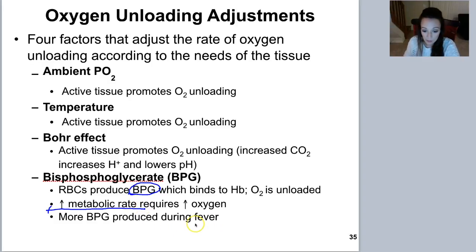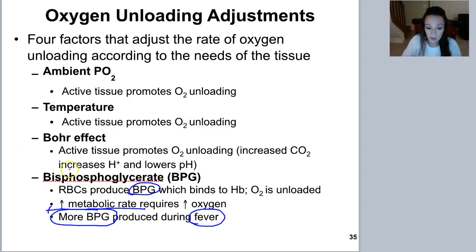A great example of this would be when we have a fever. If we have a fever, our body has a higher metabolic rate because all of our chemical reactions are occurring faster. So we're going to need more oxygen to produce more ATP so we can power all of those chemical reactions that are occurring faster now because of our temperature. So one of the things we see is that our cells produce more BPG during the fever.